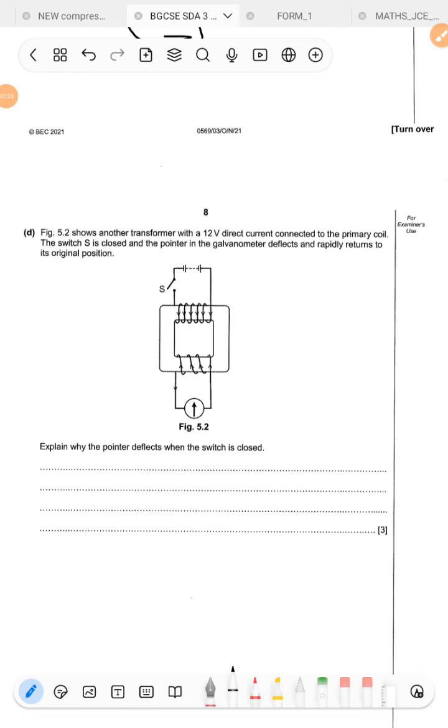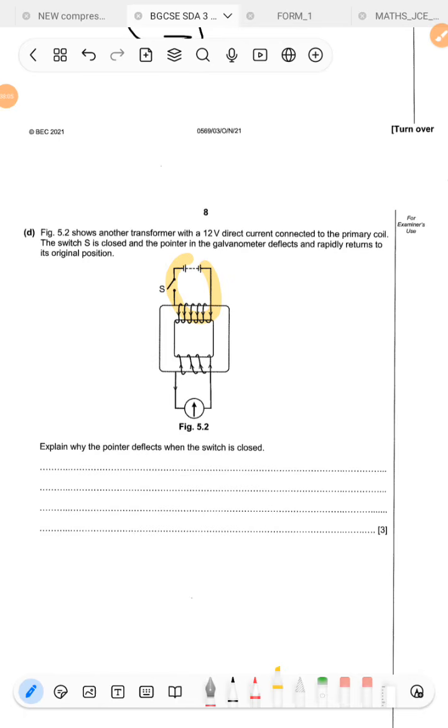Now, when the switch is closed, here we're looking at an electromagnet. So when the switch is closed, the circuit is complete. What does that mean? It means that the flow of current in this circuit can happen. Now, the current flows across the coil, which induces magnetism.